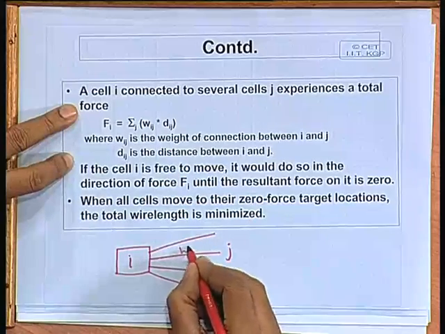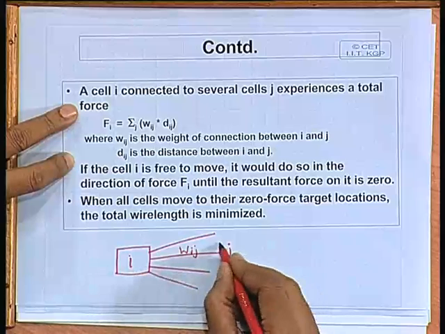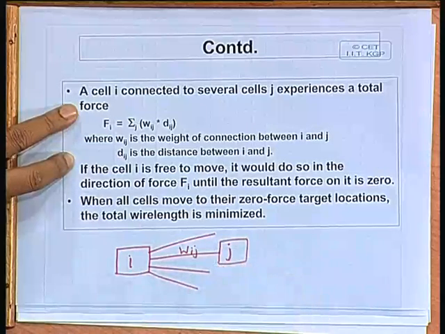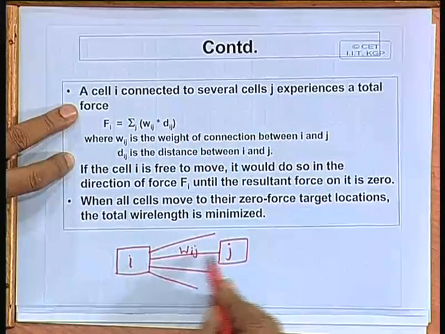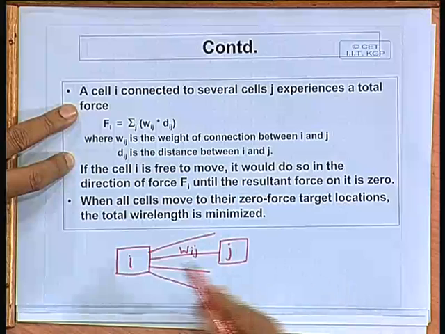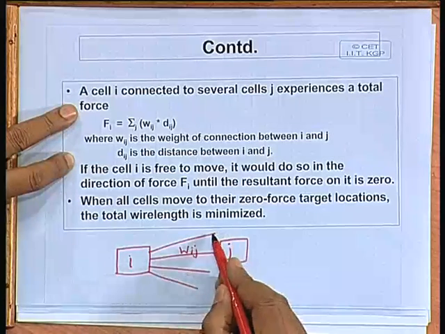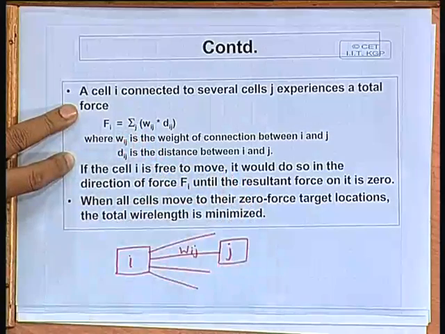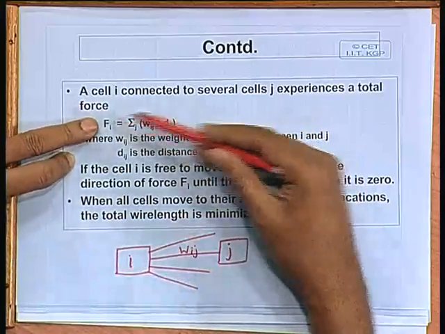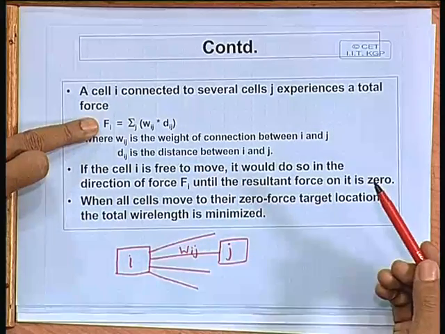This weight is Wij, which can be just the number of wires connecting block I and block J. Weight multiplied by their Manhattan distance will be the force between I and J. If I is connected to several other blocks like this, then it will be the sigma of it summed over all J's. This will be the total force exerted on block I by the other blocks in the surroundings.